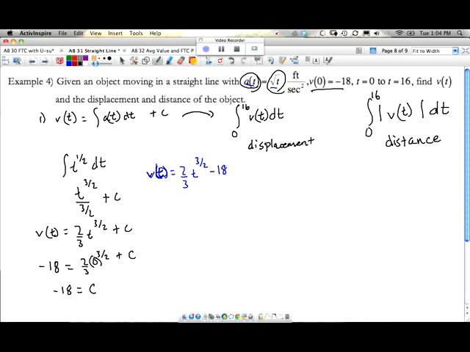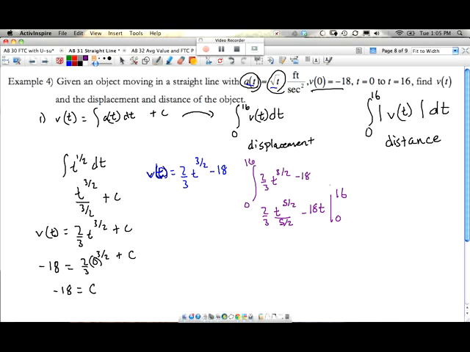So let's do the displacement. That is the integral. We'll do this in purple. That's going to be the integral of 2/3 t to the 3/2 minus 18 from 0 to 16. If I were to take the antiderivative of this, that would give me 2/3 times t to the 5/2 over 5/2, minus 18t.